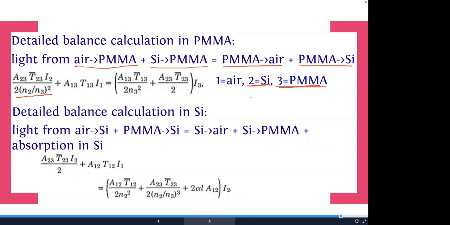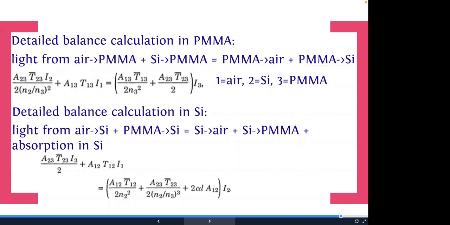So you get the exact same expression, except that now you have these terms 1, 3, 2, 3, and so on, which just shows which direction the light is going. So this is in from air to PMMA, and this is silicon to PMMA. And the same thing on the other side, you have PMMA to air and then PMMA to silicon. The I3, for instance, is the intensity of light inside the plastic of the PMMA.